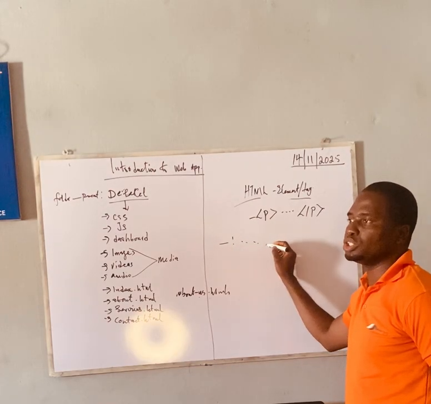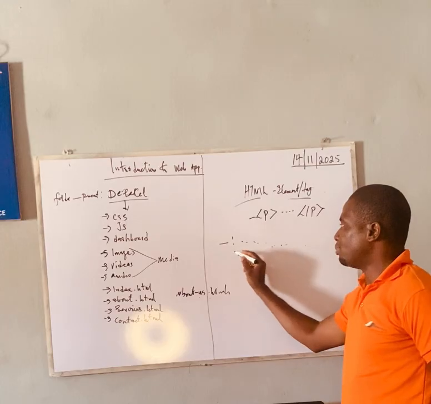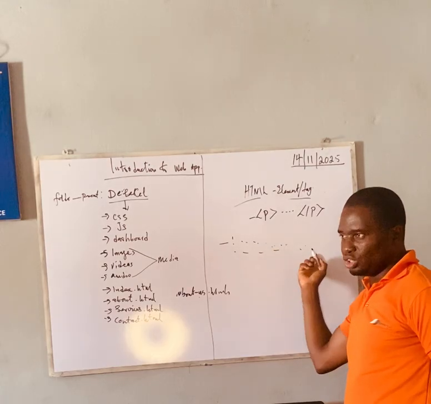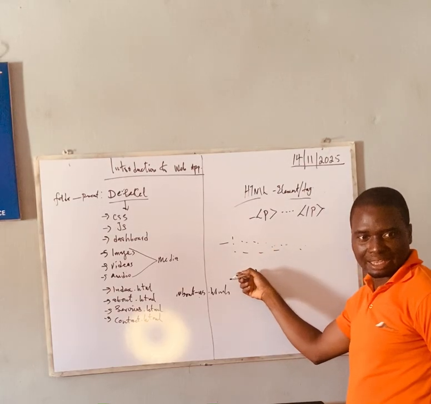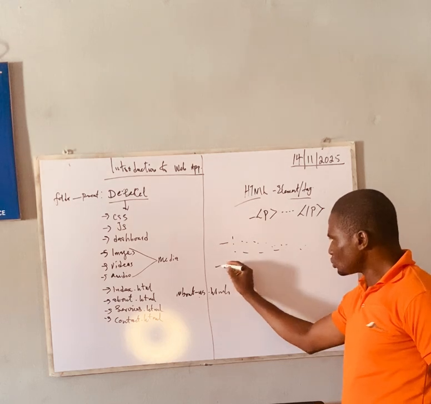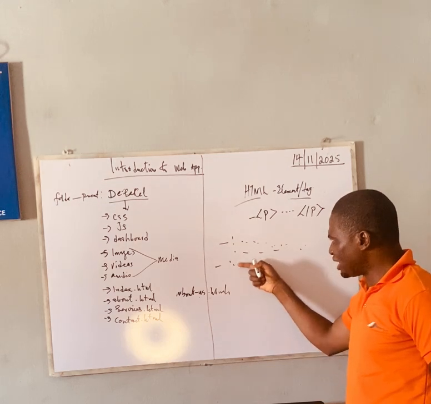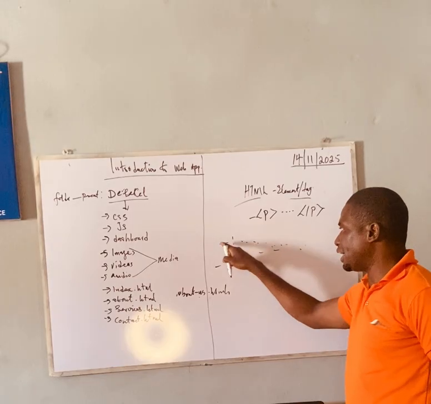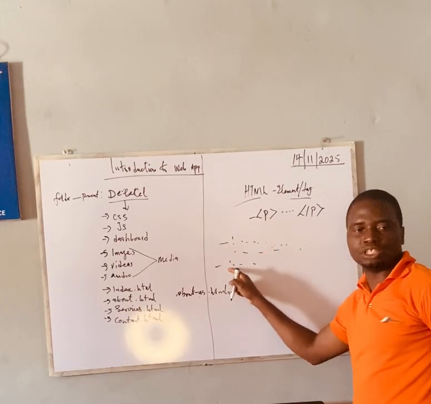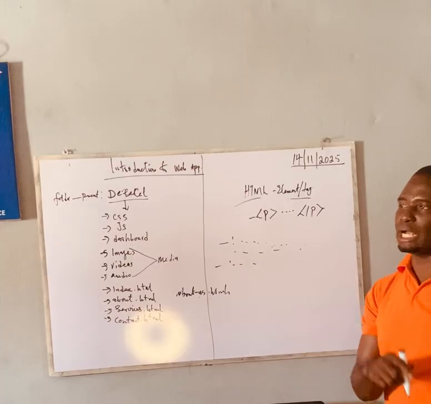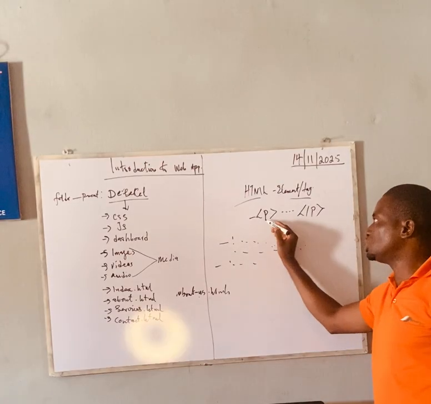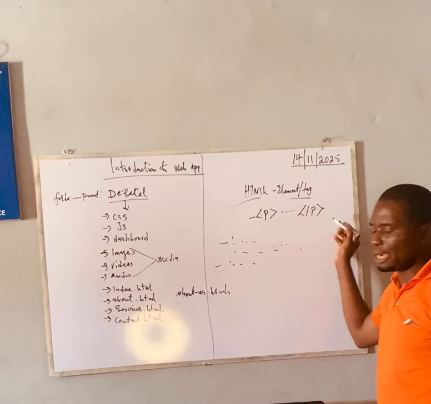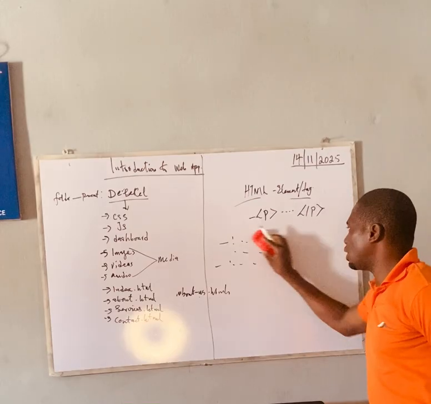Obi is a boy, he goes to school every day, blah, blah, blah. And you want to start another write-up. Tinubu is the president. You can see the first one and the second one don't belong to one family, right? So this one is one paragraph, this one is another paragraph. For you to achieve that in coding, you use this thing, P. Are we together?